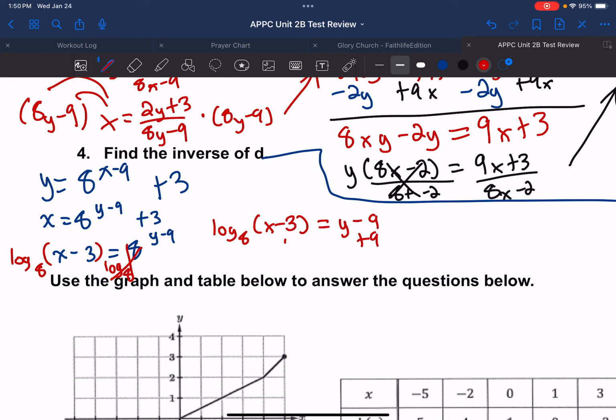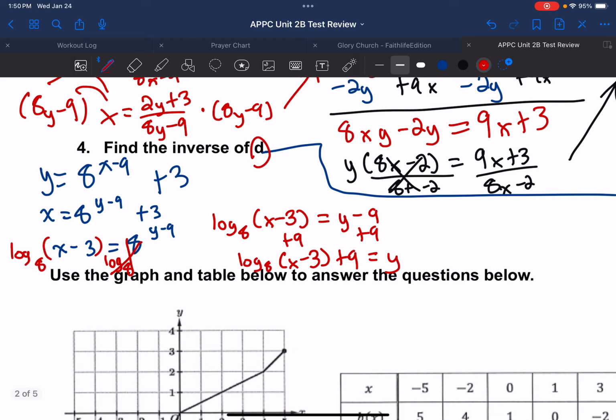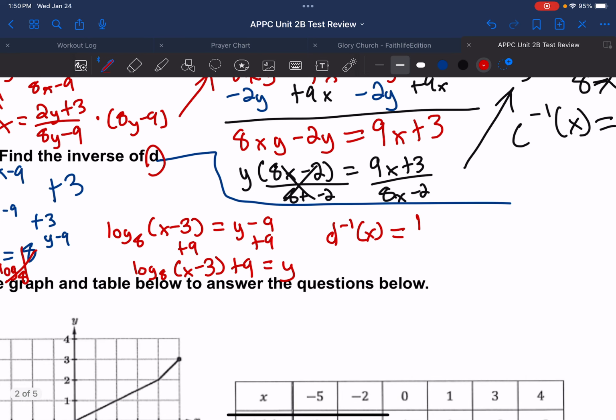Add 9 to both sides. I'm left with log base 8 of x minus 3 plus 9 equals y, and rewrite that. This is d, so I'm going to rewrite it as d to the negative 1 for the inverse notation. So d to the negative 1 of x is going to be log base 8 of x minus 3 plus 9.